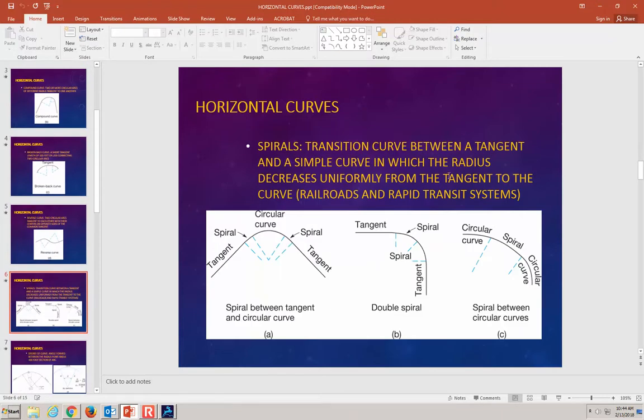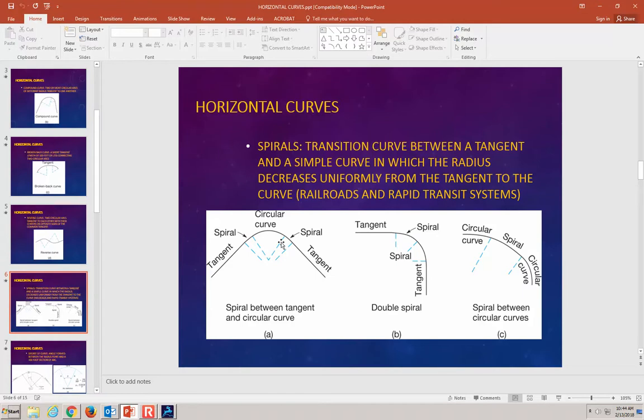There are also spiral curves. That's a transition curve between a tangent and a simple curve, in which the radius decreases uniformly from the tangent to the curve. This is typically used in railroad systems, because if we ran a train into a simple curve, there would be no transition to the curve.